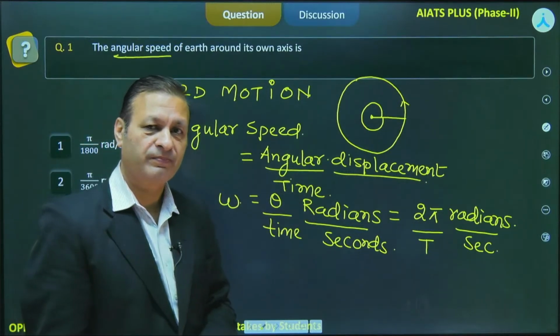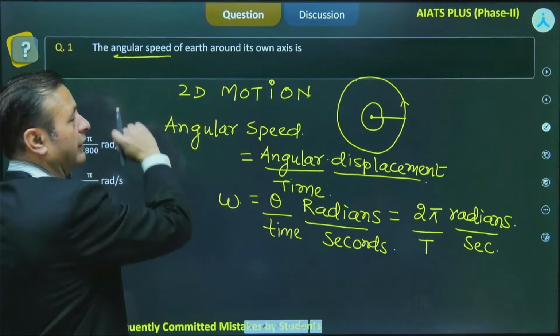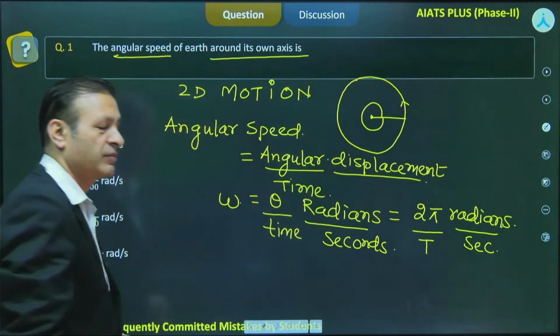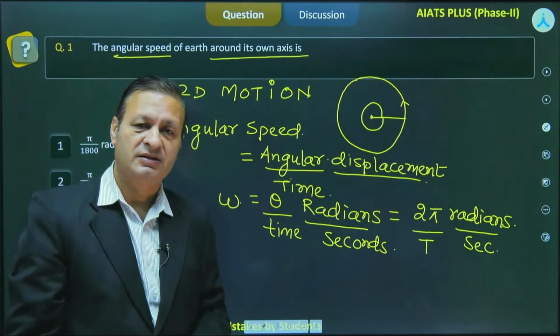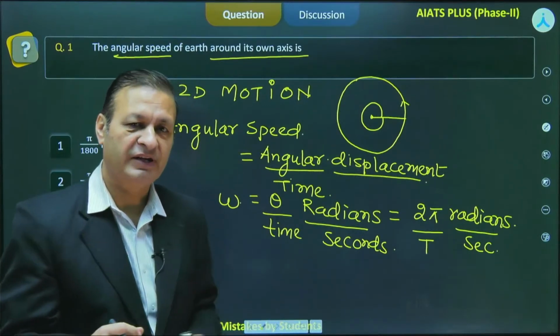Any doubt? Now let's move forward with the actual question. We have to find the angular speed of Earth around its own axis. We know Earth is rotating about its own axis. Do we have an idea how much time?